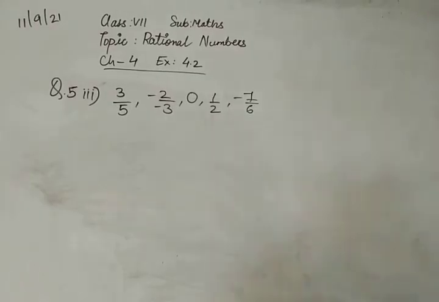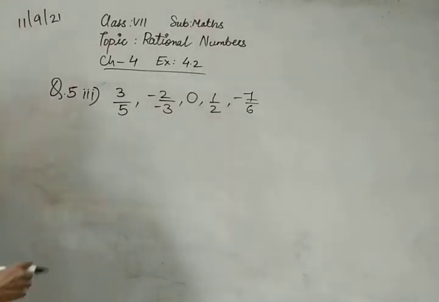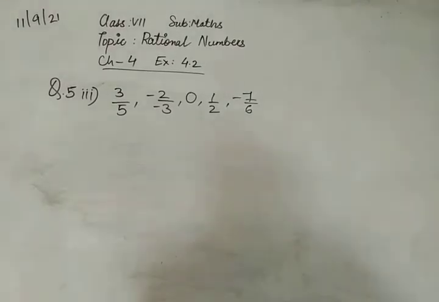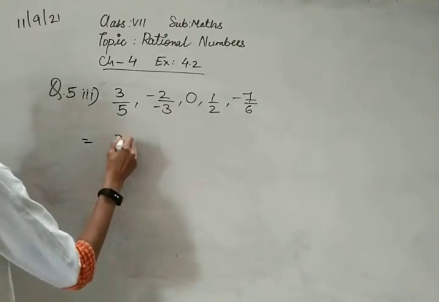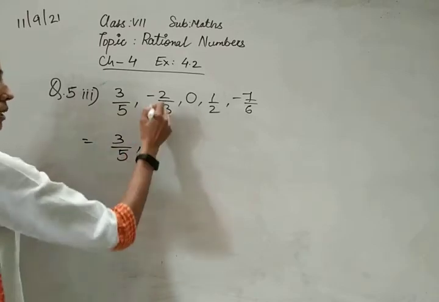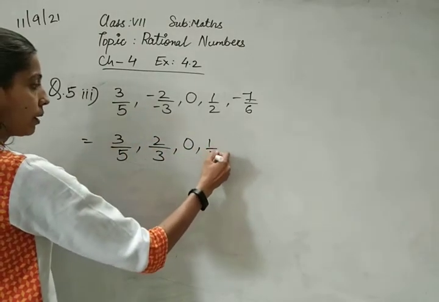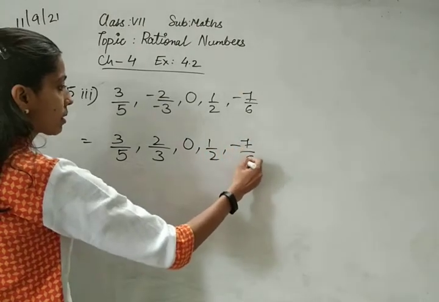Now in the fifth question you have to arrange in ascending order. Ascending means smallest to biggest. We can write it, minus minus will be removed, 1/2, minus 7/6.